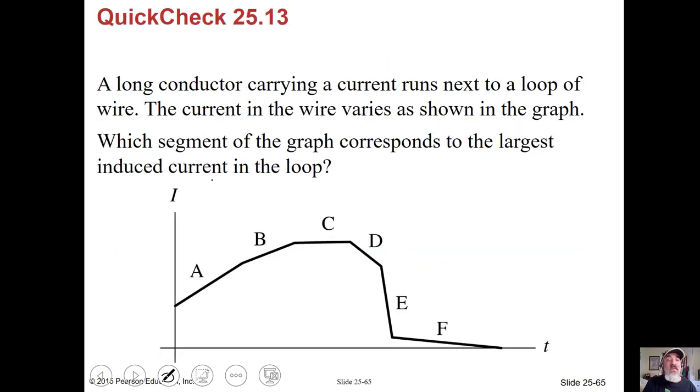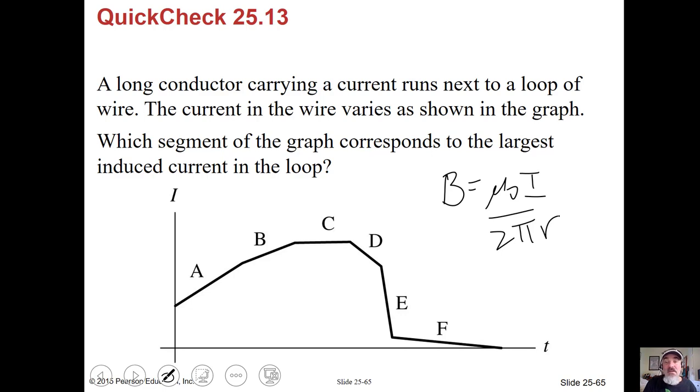Okay, a long conductor carrying a current runs next to a loop of wire. The current in the wire varies as shown in the graph. Which segment of the graph corresponds to the largest induced current in the loop? Okay, so here's μ0I over 2πr. That's the magnetic field because of a long straight wire. It produces a magnetic field which depends on the current.